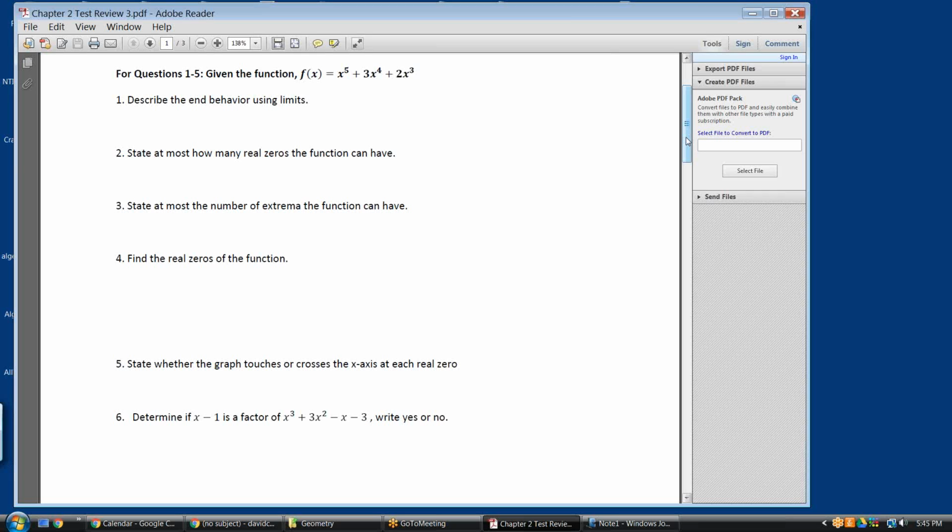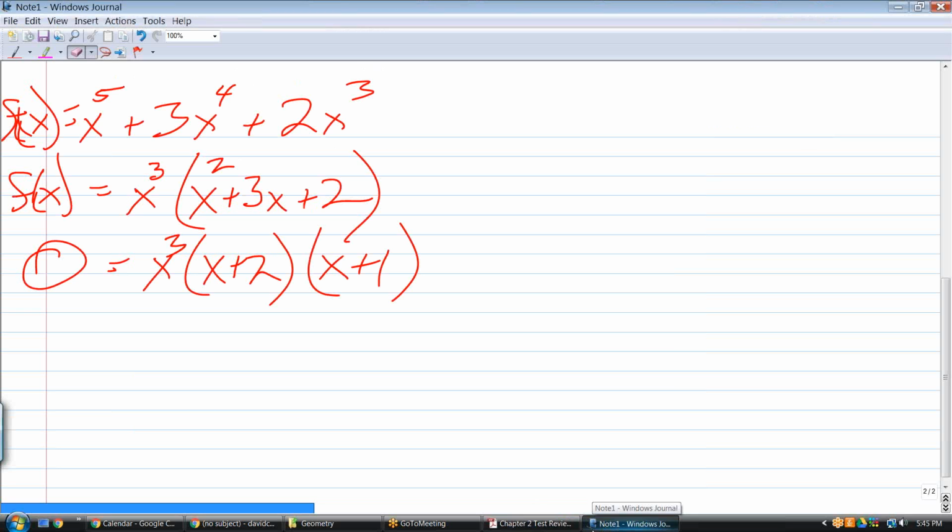Number 5 says, how can I tell, if I bring my picture back up, do these zeros... let me kind of draw it. I know there's a 0 at 0. I know there's a 0 at minus 2.